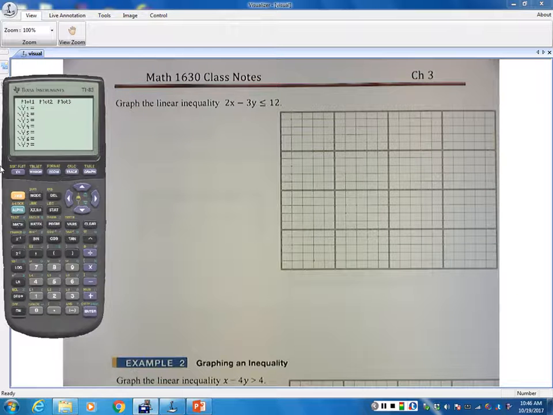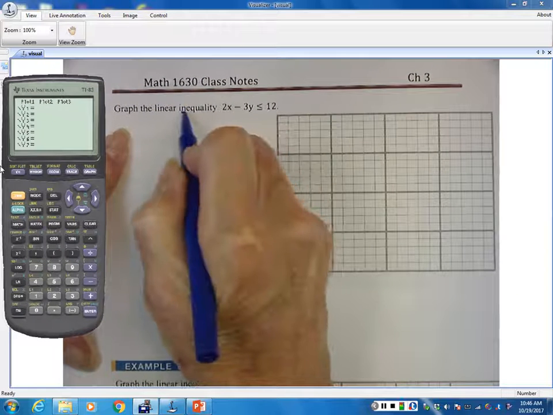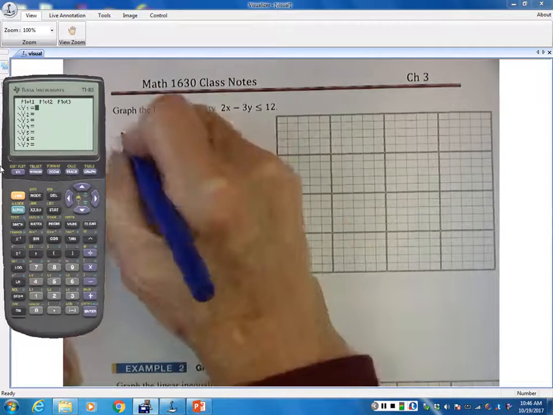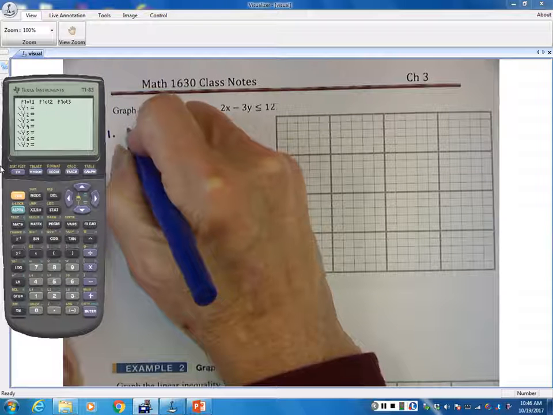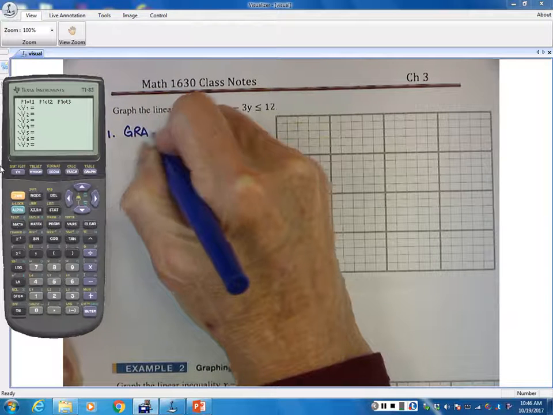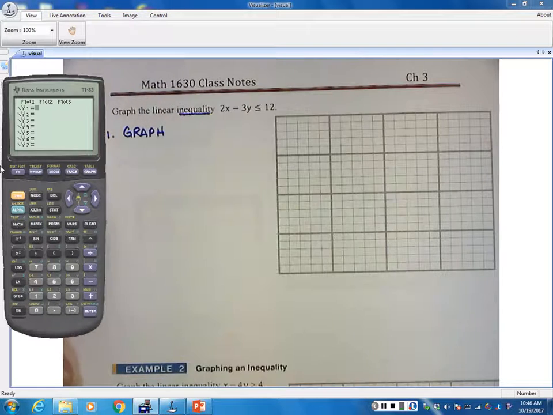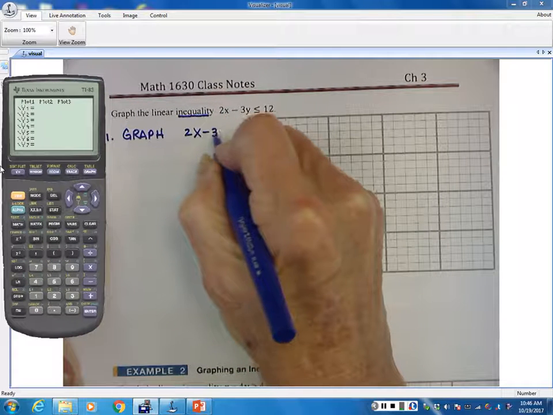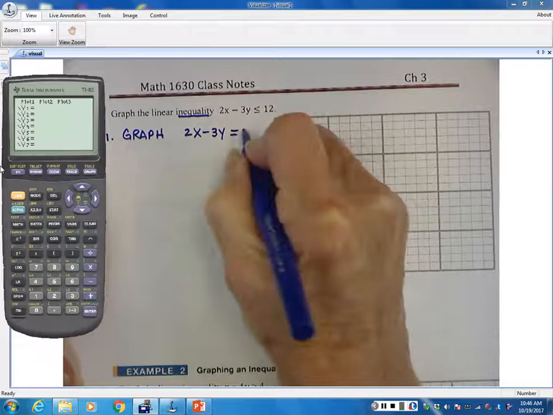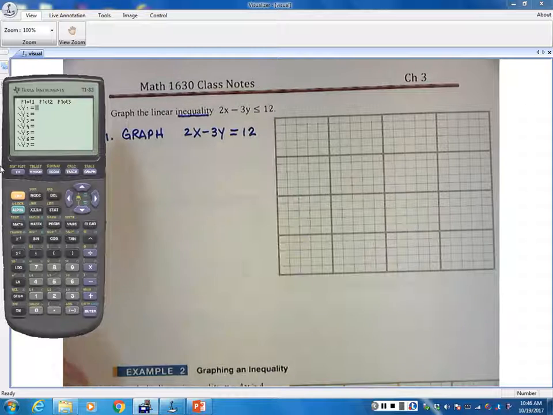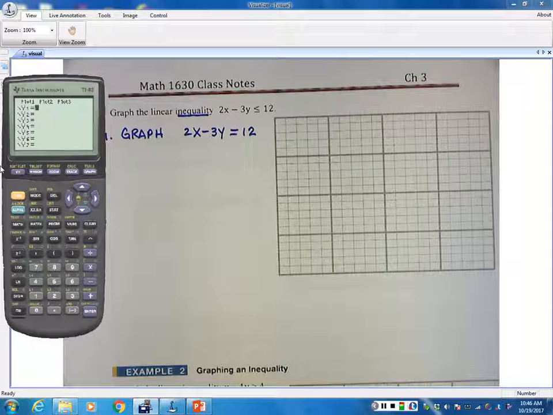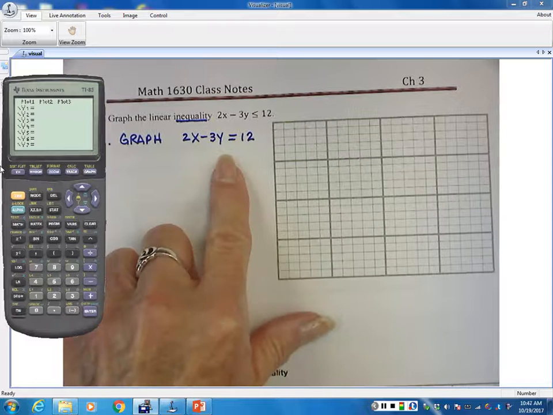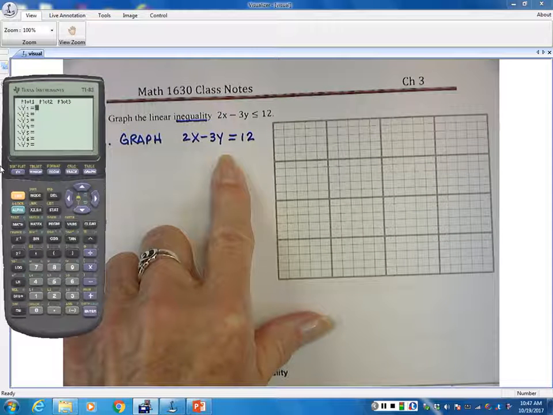First step in graphing a linear inequality is to graph the equation. And if you've got your chapter 3 warm-up, you probably have a graph of this equation on that warm-up on the very first graph.